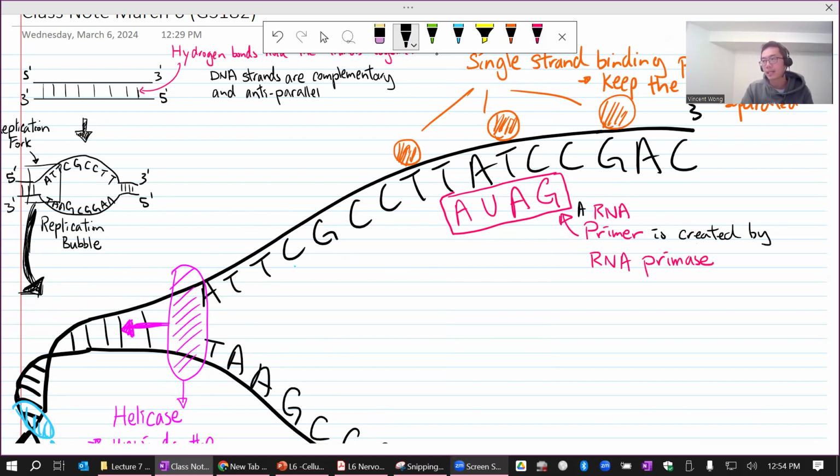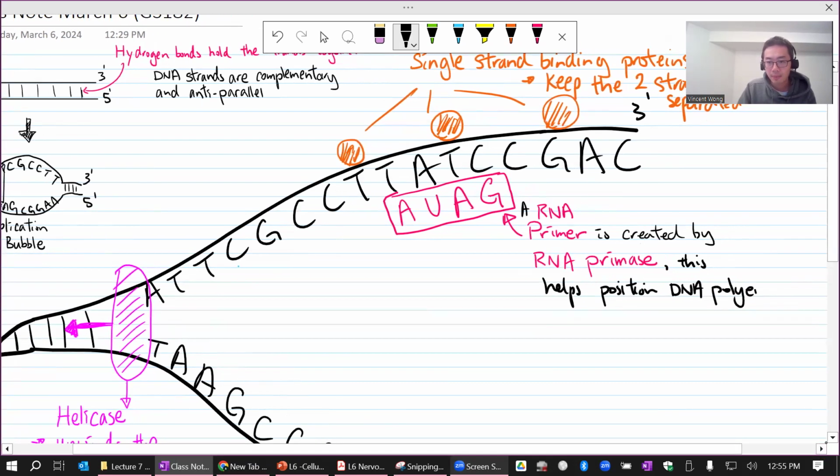And the purpose is to help DNA polymerase 3 know where to start, okay, to continue on with the process. Right? So this helps position DNA polymerase 3.